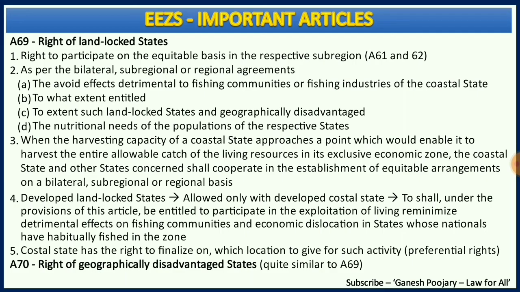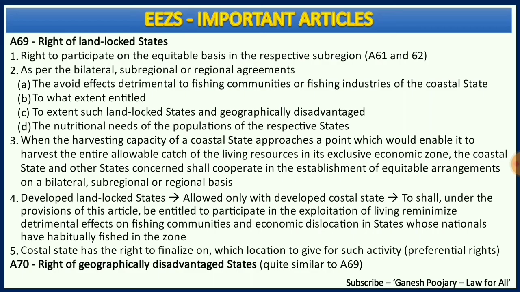Now what happens? Here again the bilateral, sub-regional or regional agreements will come into the picture, and whatever they say, accordingly they will progress. If the coastal state has the capacity to catch all the 1000 fishes, then it will have 100% power, and the landlocked state has to move on.